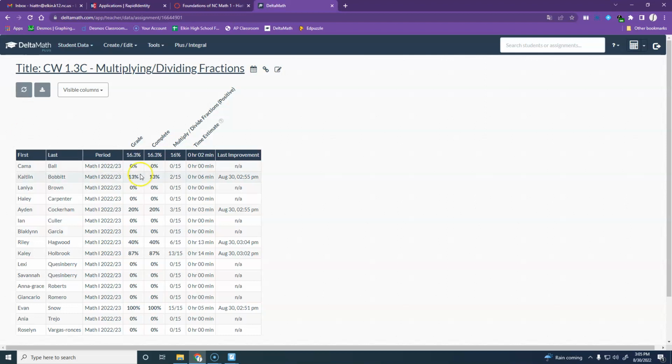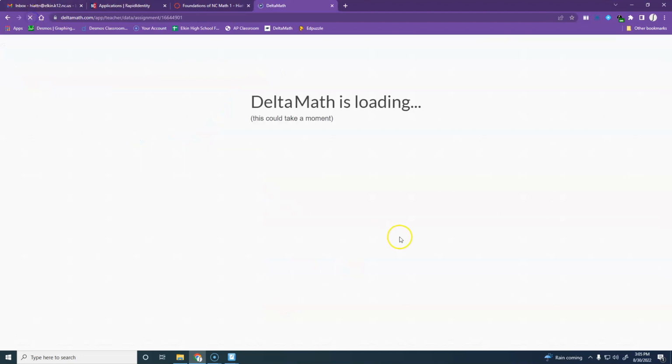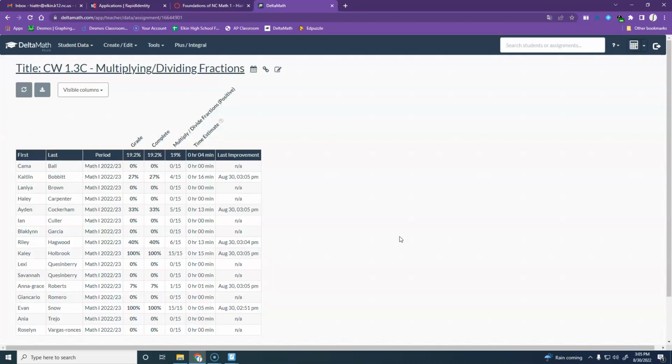So everybody do a few problems. Get a couple done. And this will be your homework. You'll finish before you go. Let's see, Evan, you are done, so you can pack up. And Kaylee, it looks like you were done. If you finish all the way, I can see that up here, you can pack up and get your phone.